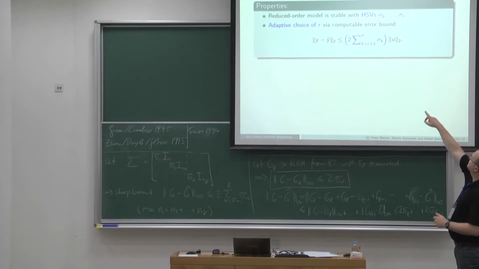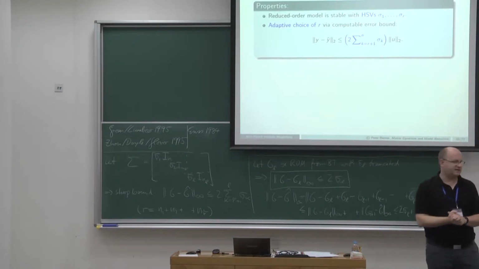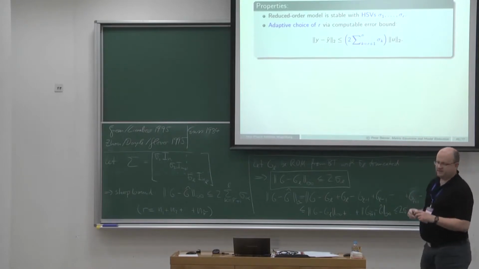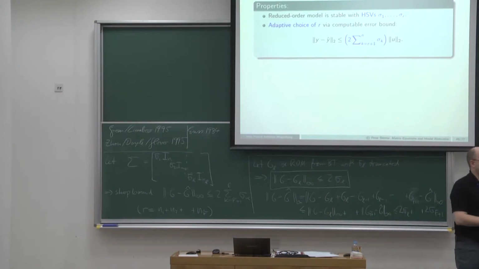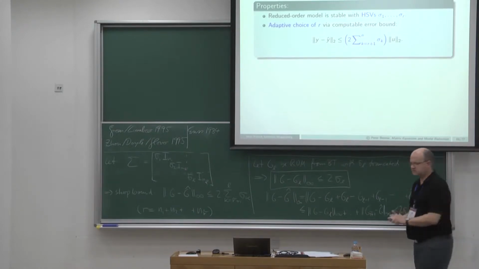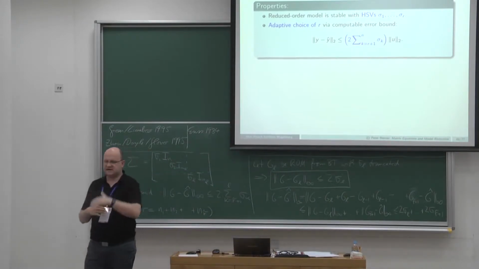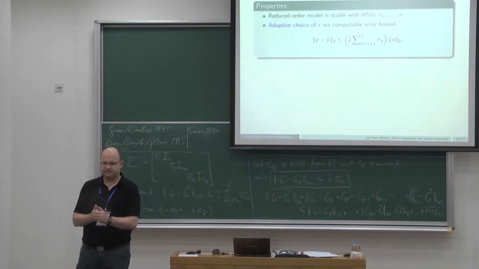You just make that bound divided by the H infinity norm of your system. If your system is small enough that you can compute all Hankel singular values, you can also compute its H infinity norm. And you make that bound smaller than the tolerance, you have a relative error less than 1%, if your tolerance is 0.01. And then the algorithm can choose the size of the reduced order model adaptively. You don't have to choose a priori.